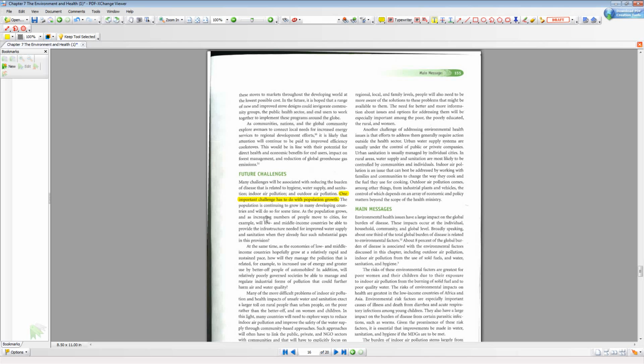We're going to see an increasing number of individuals move into cities. And we know history tells us that oftentimes we see this urban sprawl, and then a lot of these cities don't have the infrastructure to provide, again, proper sanitation in particular, and then access to clean water, also freedom from indoor and outdoor air pollution.